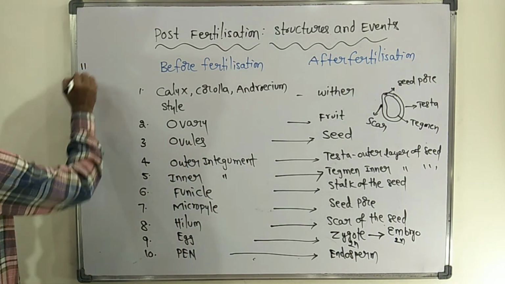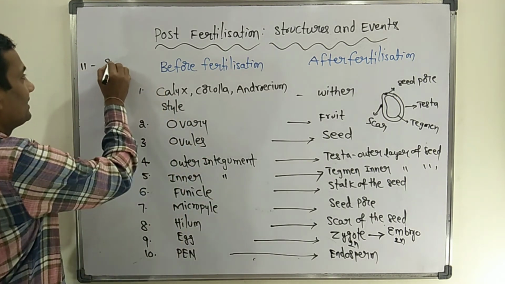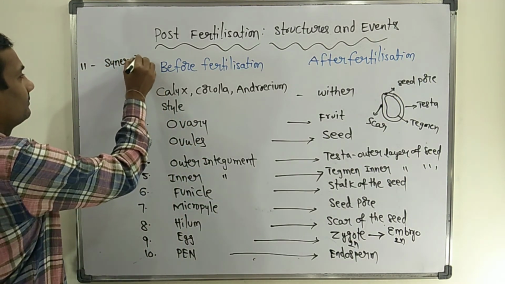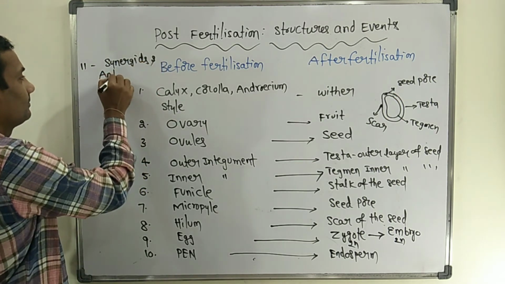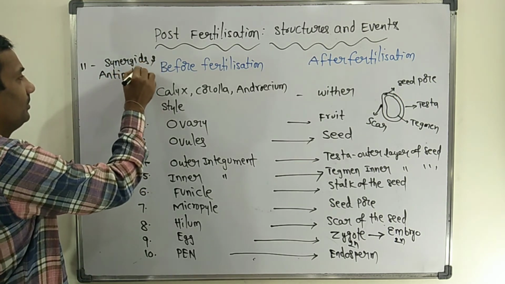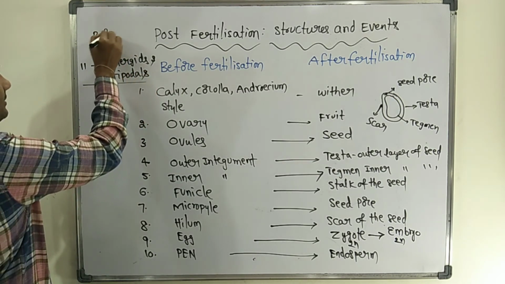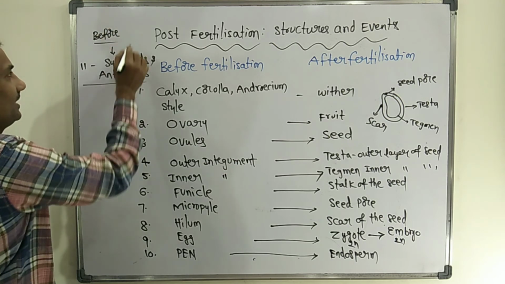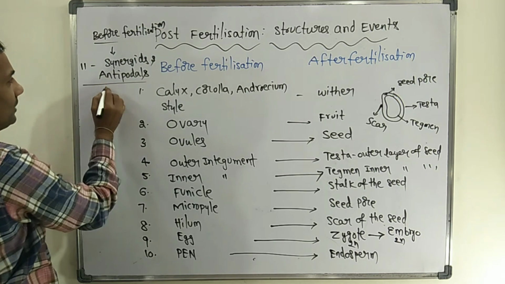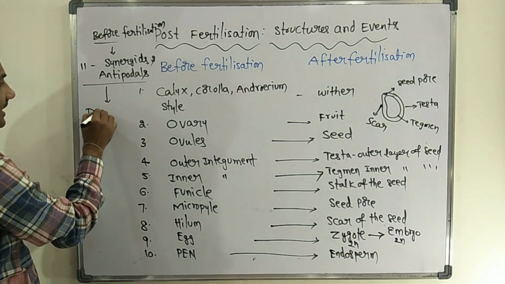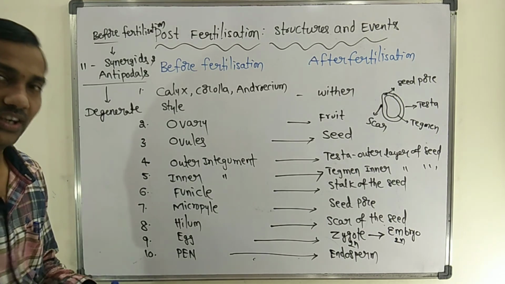In addition, the last few cells completely degenerate. So the eleventh point: there are different cells like synergids and antipodals before fertilization. But these cells degenerate after fertilization.